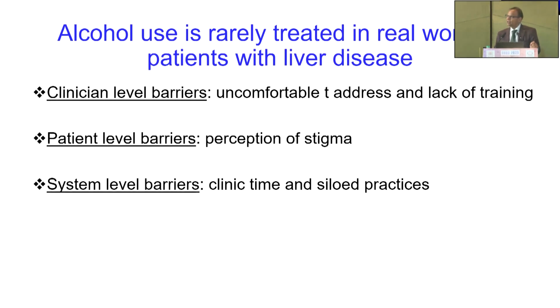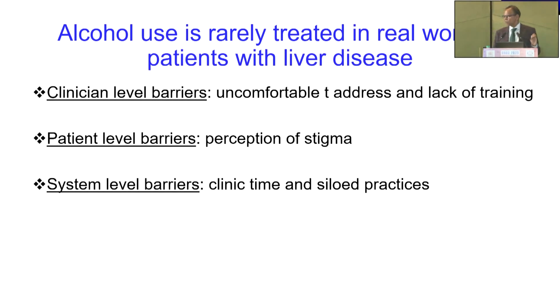I think at a clinician level, we need to develop strategies so that we can overcome our discomfort in handling alcohol use in these patients. I mean, better training, if I can use the word. Some of that may be linked to the patient level barriers, how we talk to the patient and the patient perceiving stigma attached to alcohol-associated liver disease.